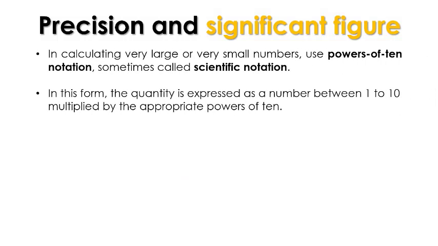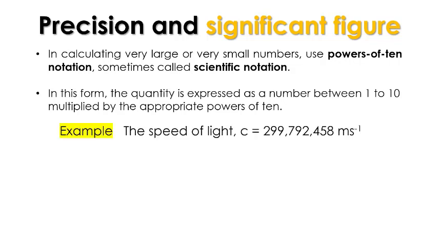In calculating very large or very small numbers, use power of 10 notation, sometimes called scientific notation. In this form, the quantity is expressed as a number between 1 to 10 multiplied by the appropriate power of 10.